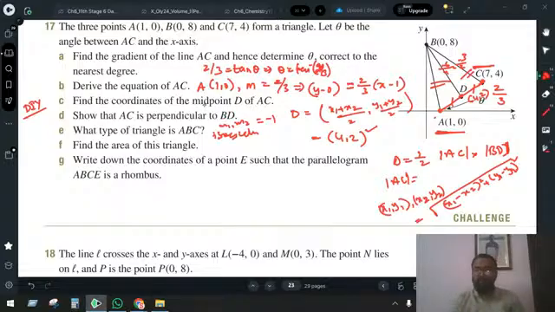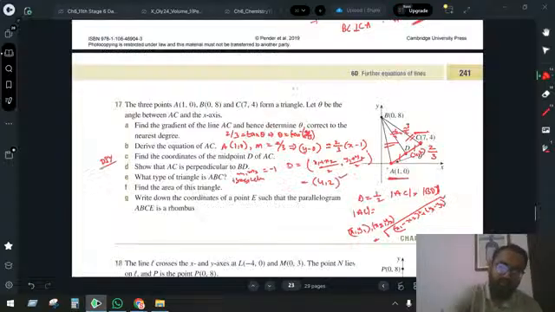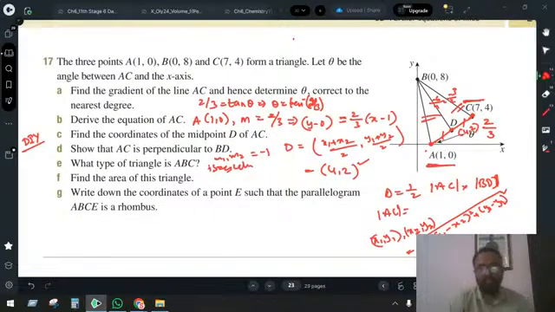Write down the coordinates of E such that parallelogram ABCE is a rhombus. How can we get a rhombus?